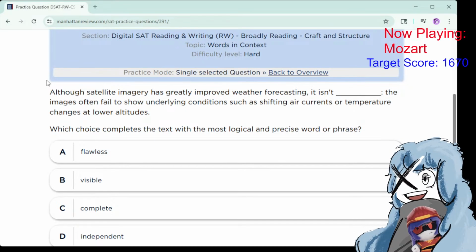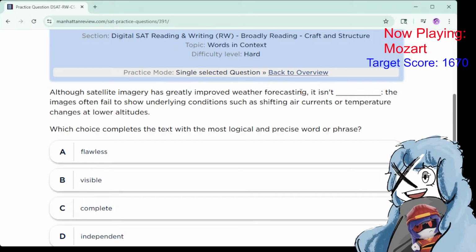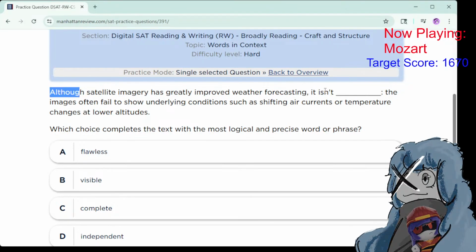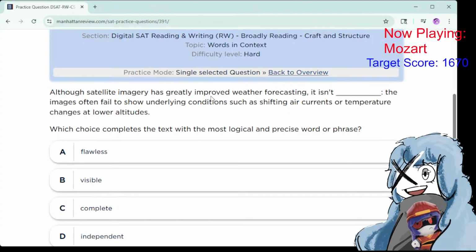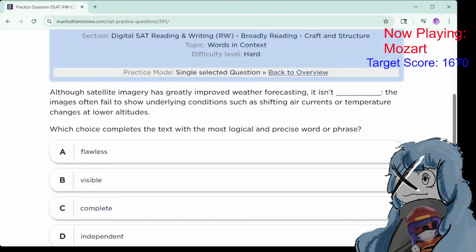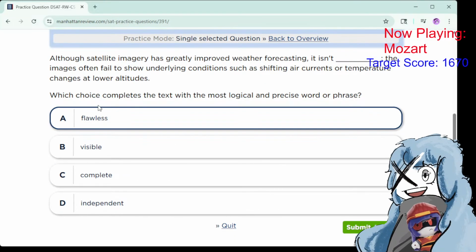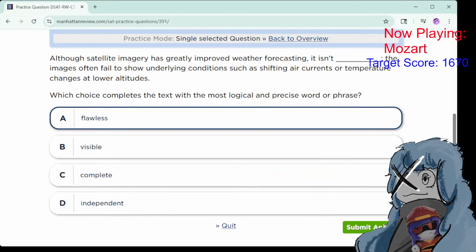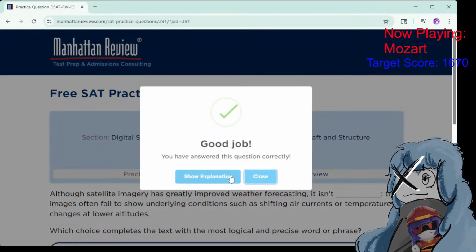Although it has greatly improved, it isn't perfect. The images often fail to show underlying conditions such as shifting airflow at lower altitudes. Isn't flawless. Visible, complete, independent, easy. What is it?